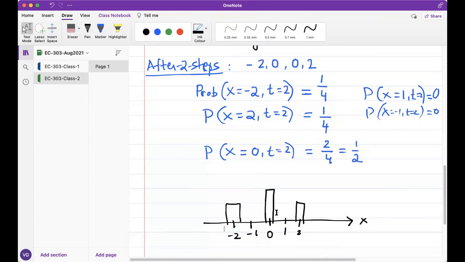It's basically a histogram that we're all familiar with, except that it's normalized. If I add all these 3 boxes, 1/4, half plus 1/4, it will add up to 1, right? We call the y-axis of this graph p(x, t), and the x-axis will be x. This graph is for t equal to 2. Is this clear?